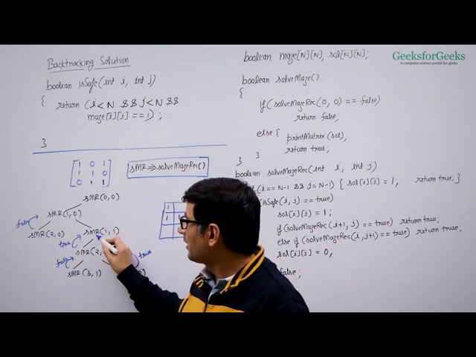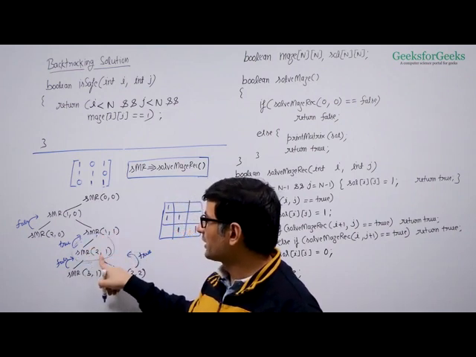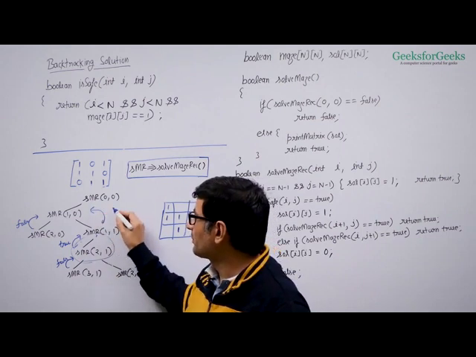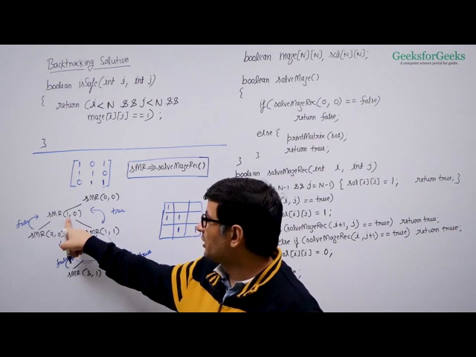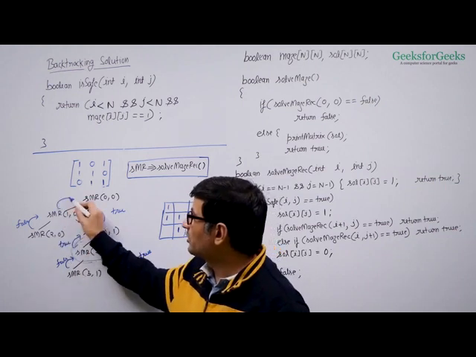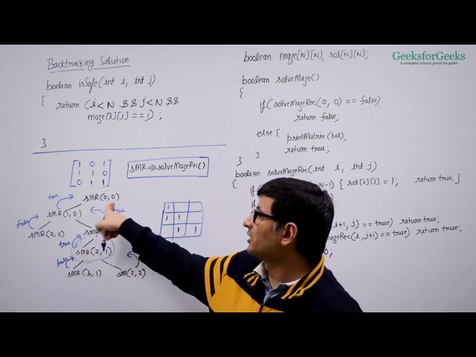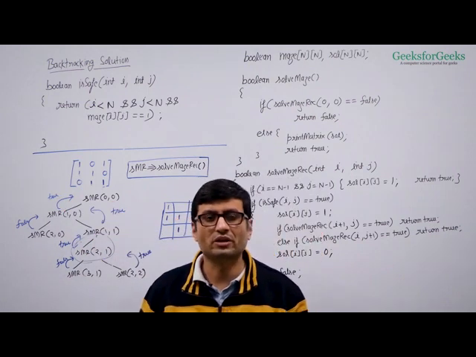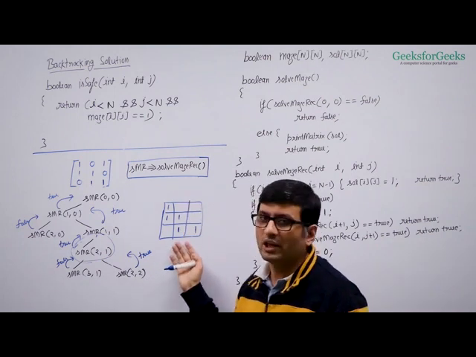And this parent again finds a return value true from its call, so this also returns true to its parent. And this call has found a return value true from the right call, so this also returns true to the parent. And finally, this also returns true to the main function. So we return true as the overall output, and our solution matrix is also appropriately updated.